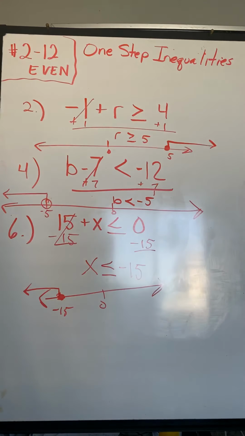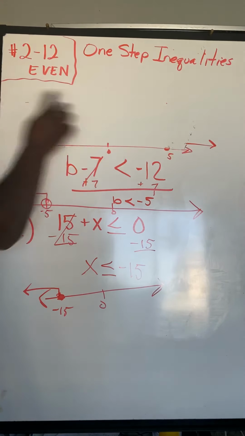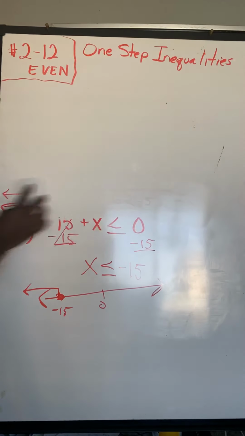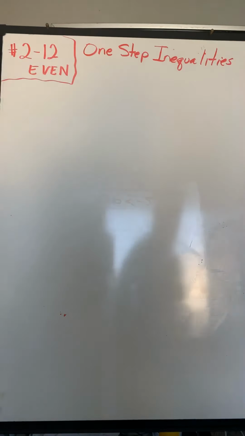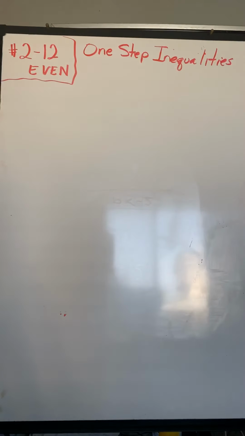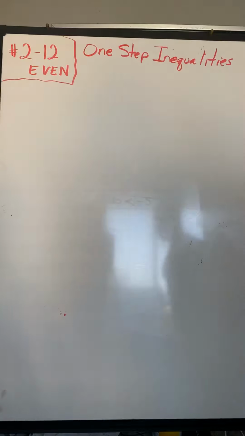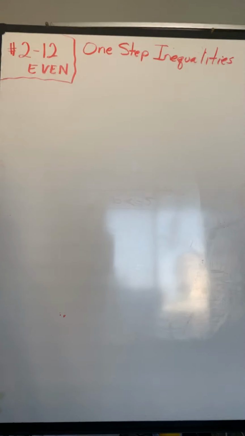Let me now do numbers 8, 10, and 12. I'll do them one at a time so you can see it all on the board and you don't get confused, okay? So number 8 says 8 is greater than or equal to n minus 6.